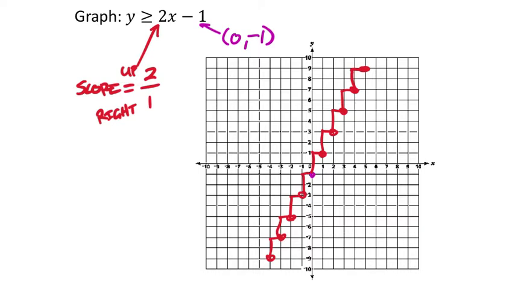But now that I'm doing this by hand, I have all the points that I can put on the graph. I've just got to worry about if my line will be solid or dashed. And I see I've got the equal part on the inequality there, so it's going to be a solid line, which again communicates that all the points on the line would make the inequality true.